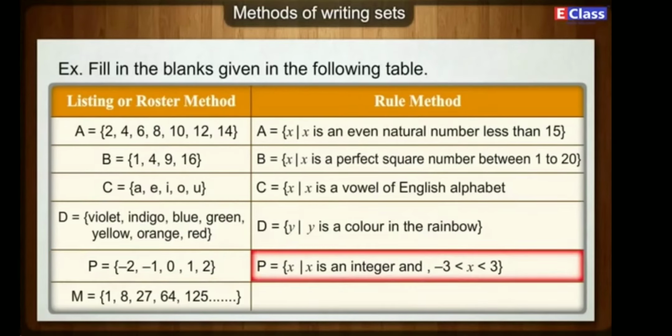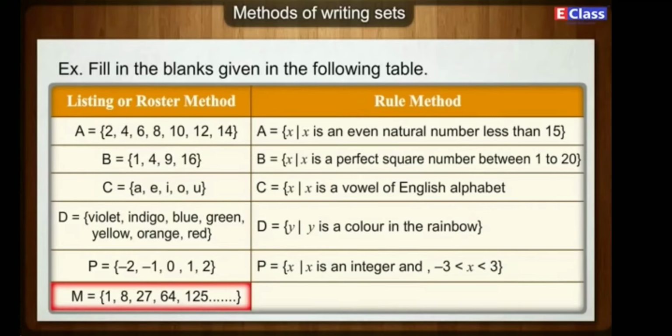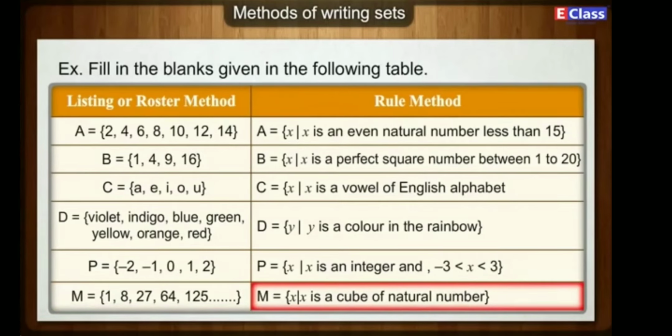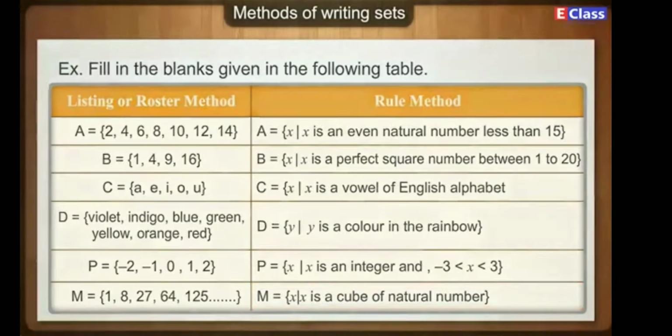P is a set of x such that x is an integer and -3 is less than x and x is less than 3. Listing or roster method. M = {1, 8, 27, 64, 125, and so on}. Rule method. M is a set of x such that x is a cube of a natural number.